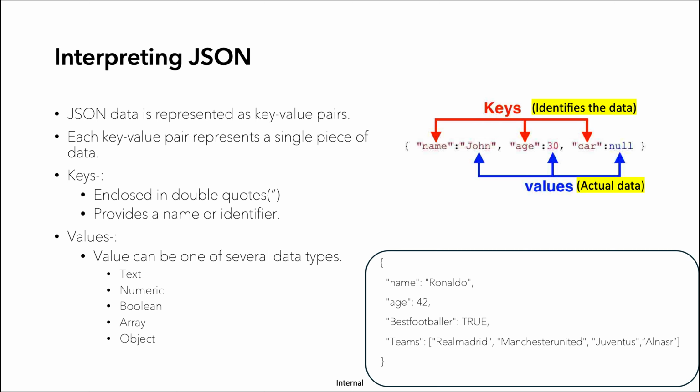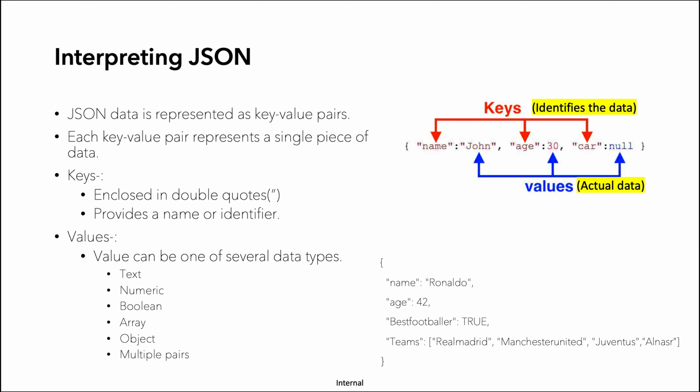Then also we have multiple pairs. When listing multiple key value pairs, separate the pairs with a comma at the end of each pair except the last pair. In this example, name, age, best footballer and teams are keys. Then if you look at the right of each column to find the matching values, Ronaldo, 42, true, and the teams he played for.